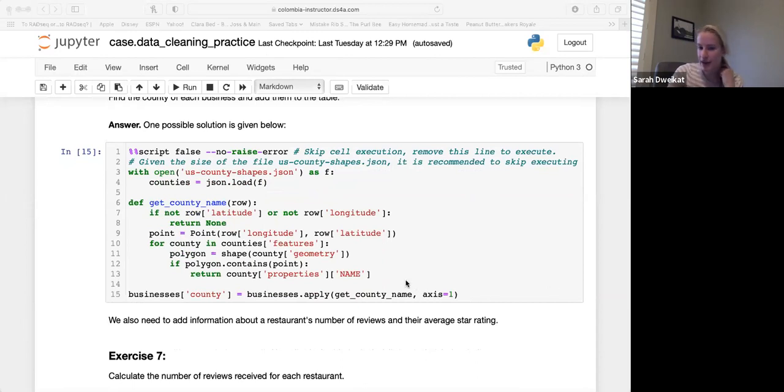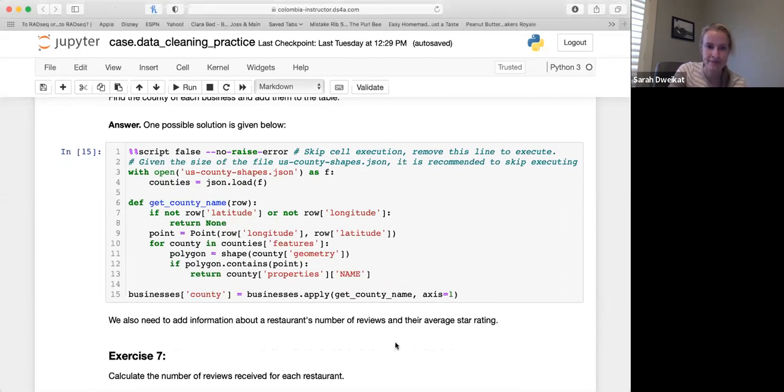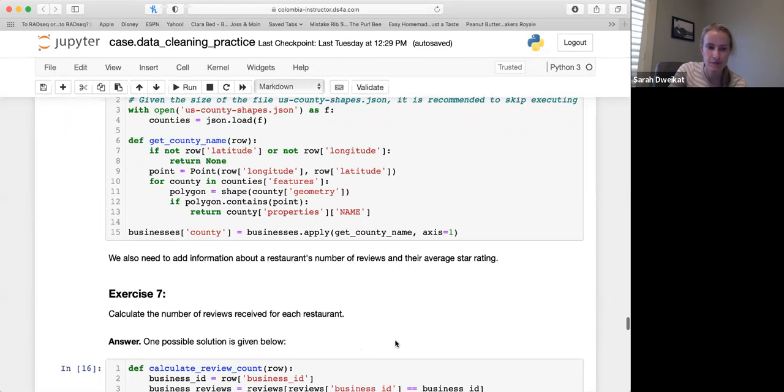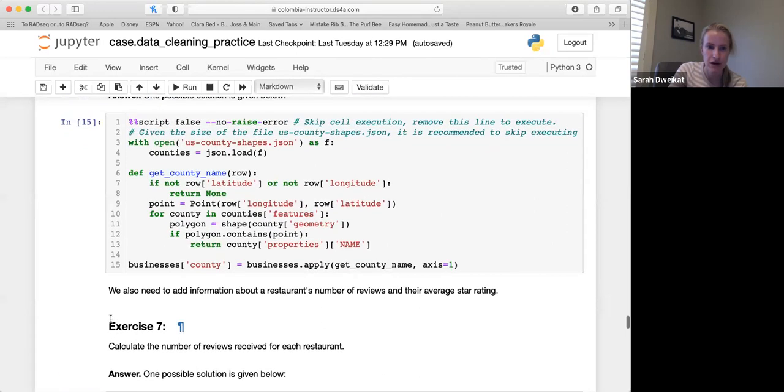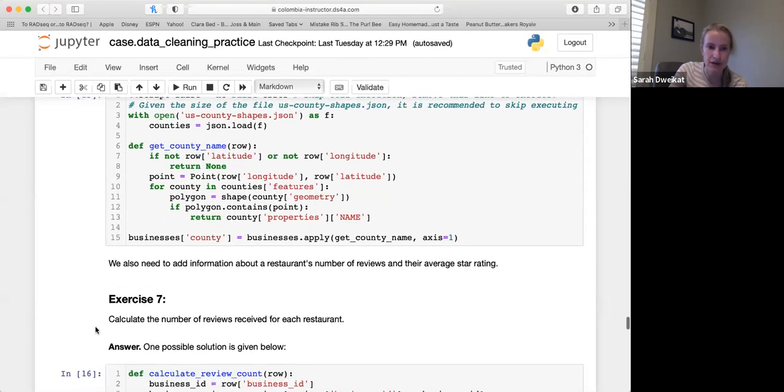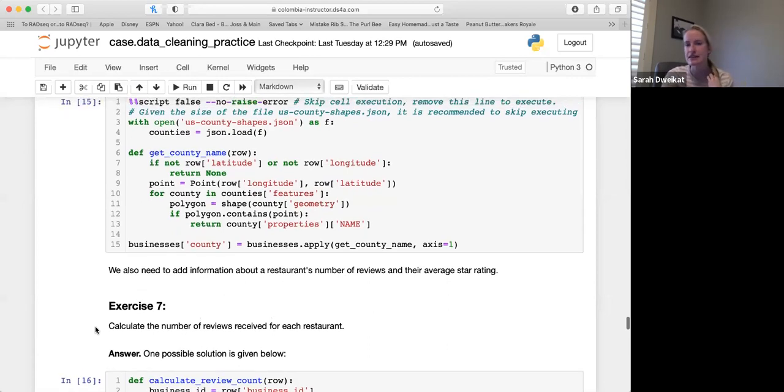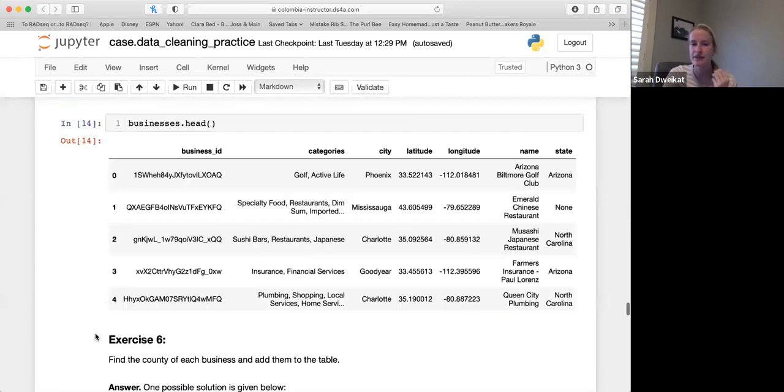Yeah, we're looking at every state and county. Okay, the next thing, and for state, someone's asking about an efficient way.